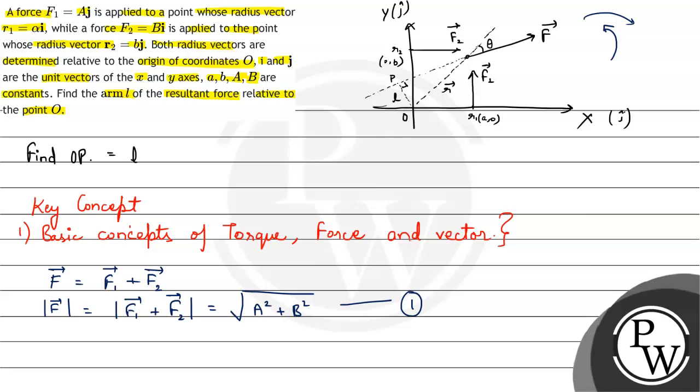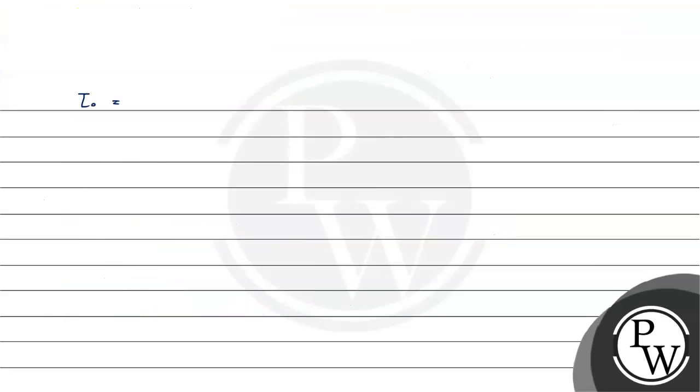So taking counterclockwise to be positive, we have tau is equal to F1 into a minus F2 into b, which will be equal to Aa minus Bb. Now let us write tau vector. It will be equal to (Aa minus Bb) k cap, because it is perpendicular to both of the forces.